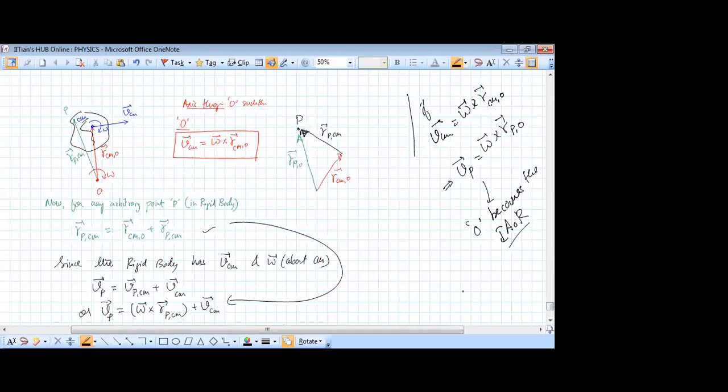Okay, so just go through this once and make sure you're clear about this vector diagram.